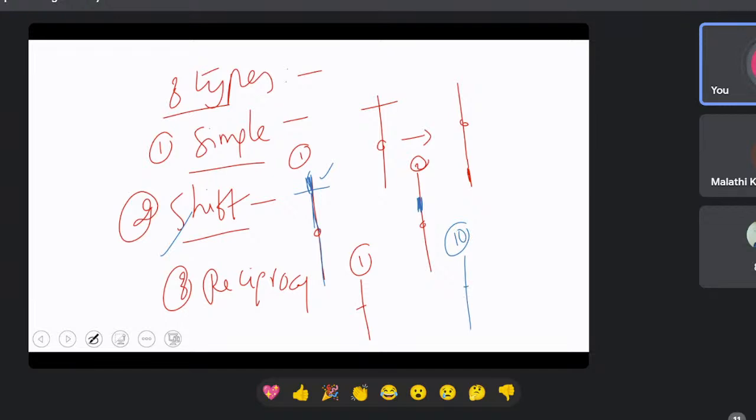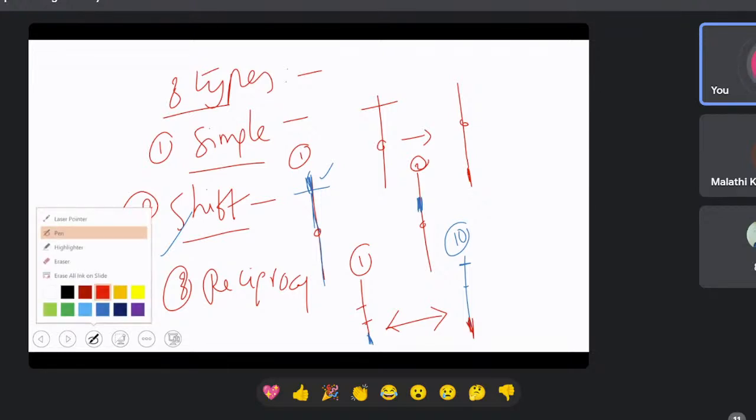So what happens? A segment from this chromosome is shifted onto this one, and a segment from this chromosome is shifted onto this one. Thus, they have exchanged small segments of each other. Then it is called as reciprocal translocation.